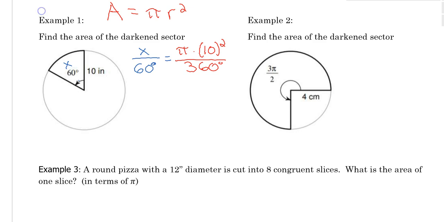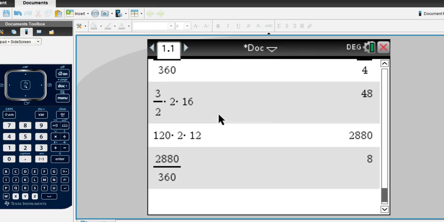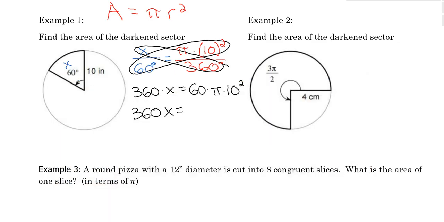So then we're just cross multiplying. 360 times x equals 60 times pi times 10 squared. So 360x equals 60 times 10 squared. I'm not going to type the pi in. That is 6,000 pi.